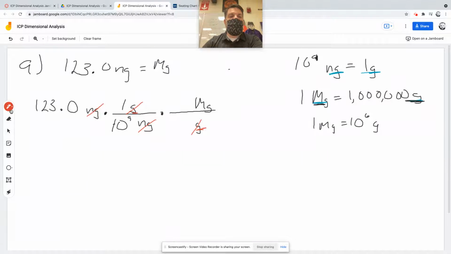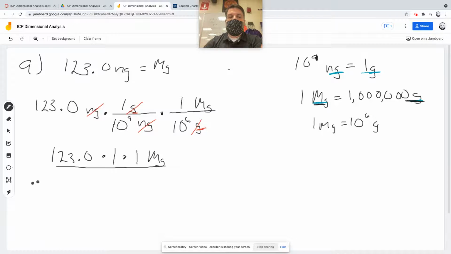Now, I know that 10 to the positive 6 grams is equal to 1 megagram. The reason I wanted to cancel is, if you notice in the top, I have 123.0 times 1 times 1 megagram.